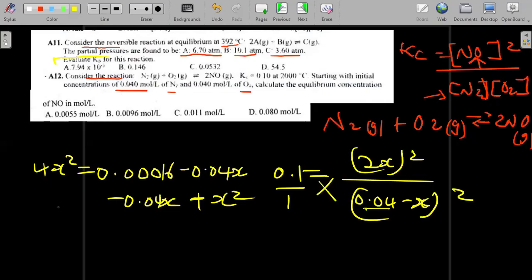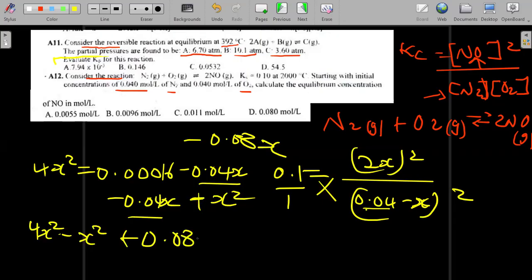So let's try to solve it. We are going to say 4x squared, and then we take all these to the left hand side, so it will be minus x squared. And when I take this and this, which are both minus, and add them, I get minus 0.08x. So I take them to the other side, so it will be plus 0.08x. And then I'm remaining with the 0.00016, so I'm going to say minus 0.00016.